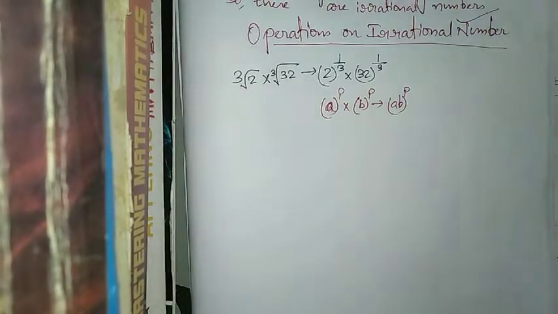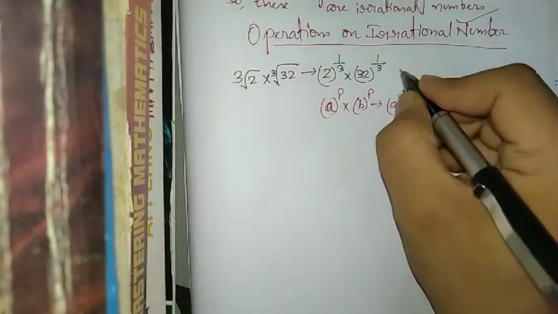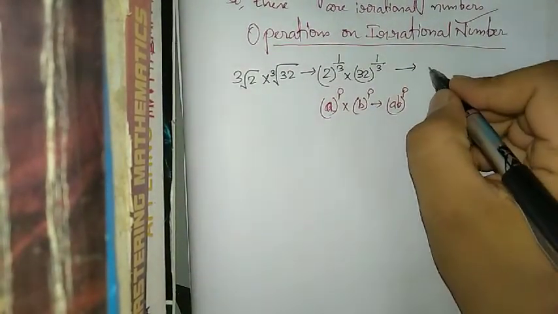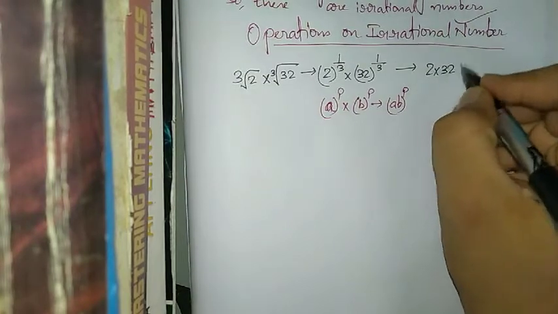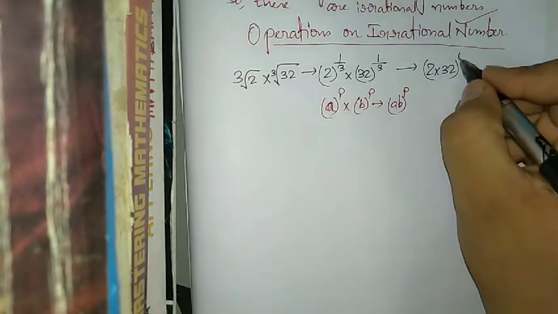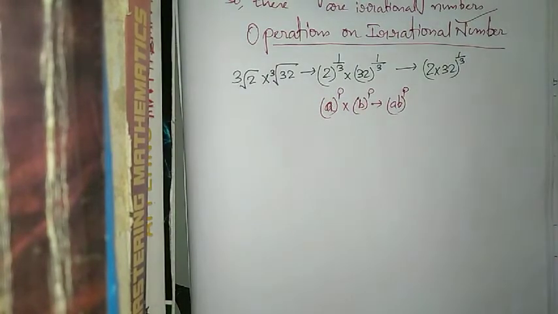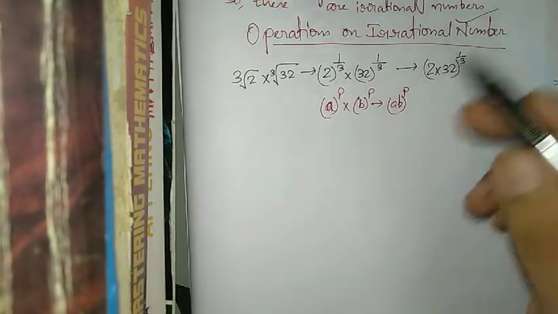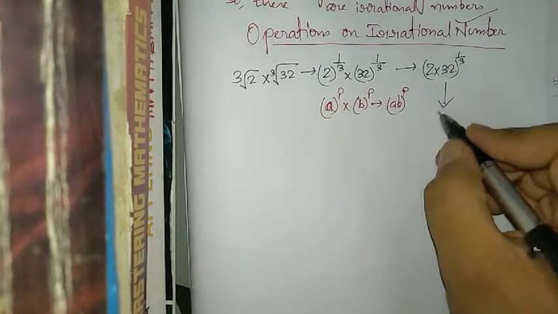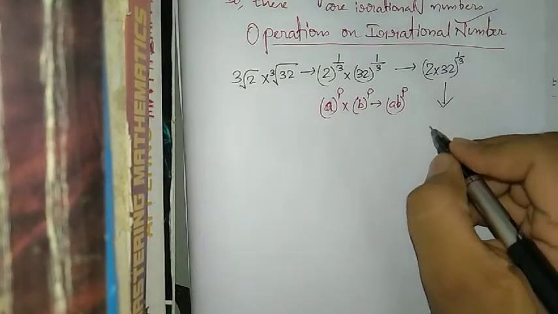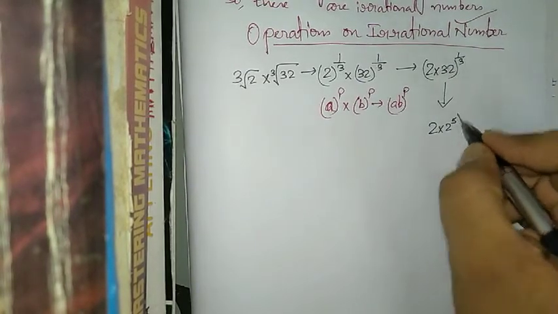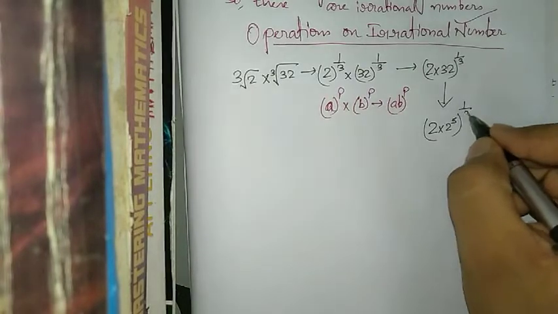Now this can similarly be written as 2 into 32, all to the power 1 by 3. Now they have asked you to simplify it. So 2 into 32 can be written as 2 power 6, and this is power 1 by 3.